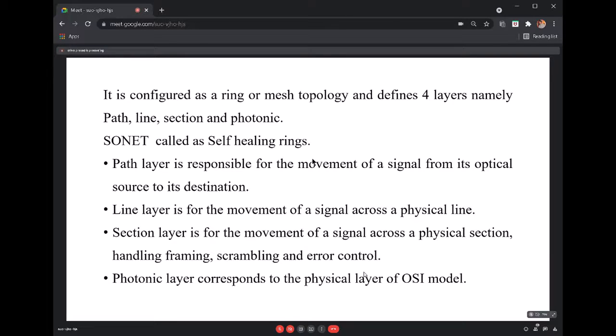That means there will be no failure or degradation, as it switches from one path to the other alternative or standby path.